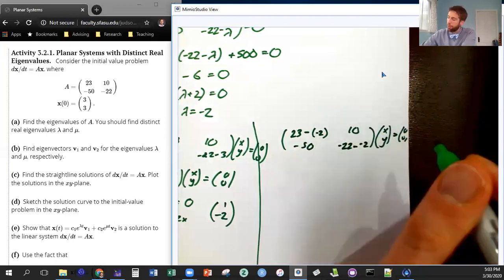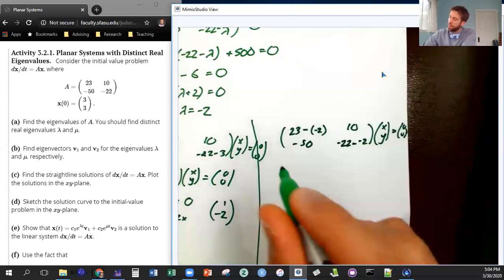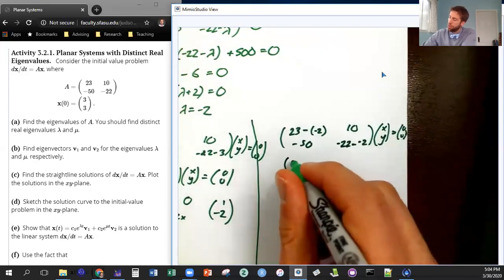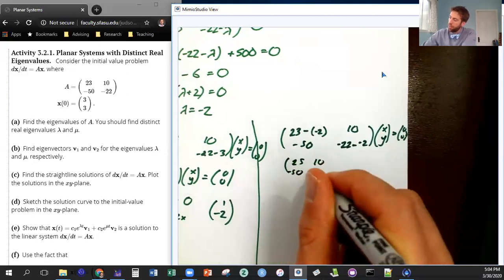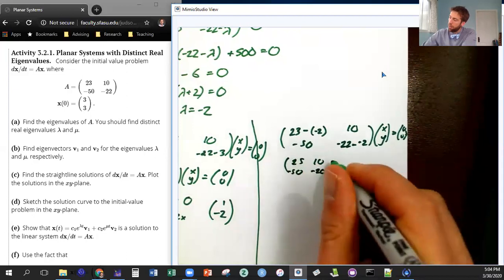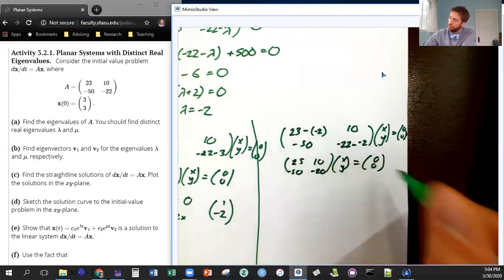And so then you've got 25, 10, negative 50, negative 20 times x, y equals 0, 0.